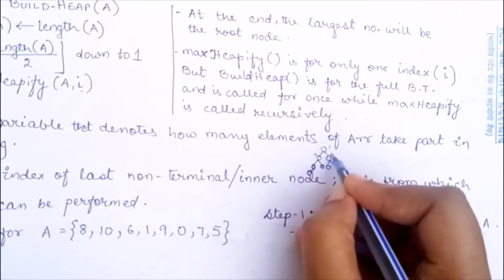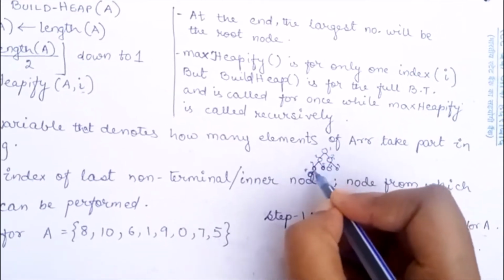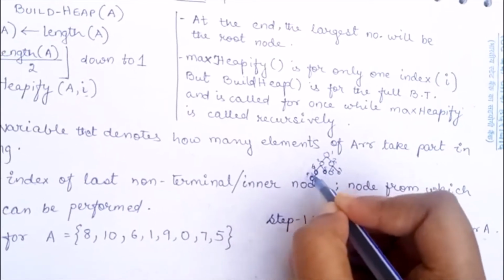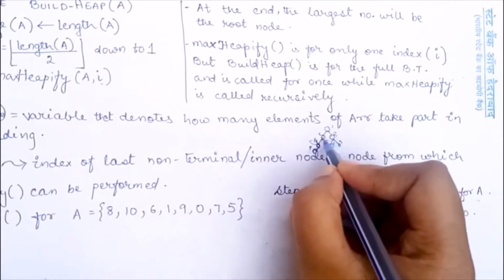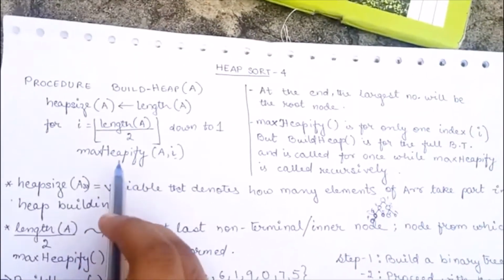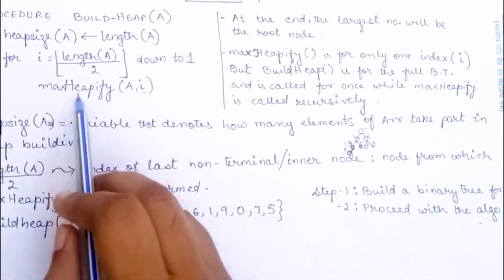So 1 2 3 4 5 6 7 8, out of 8 elements this has the index 4. Therefore 8 by 2 is 4, and from 4 onwards we have to see. So we have done here length of A by 2 down to 1. We have to max heapify everything.